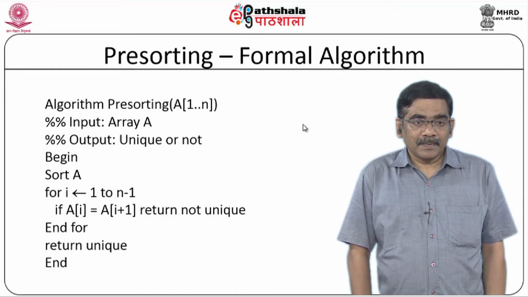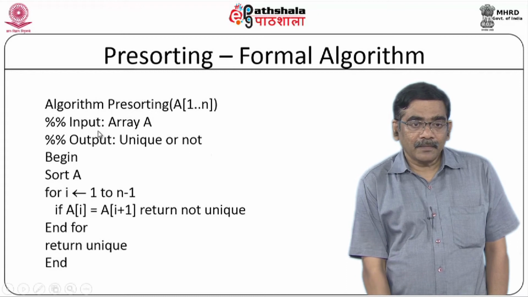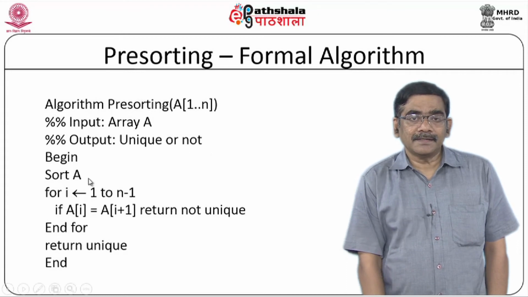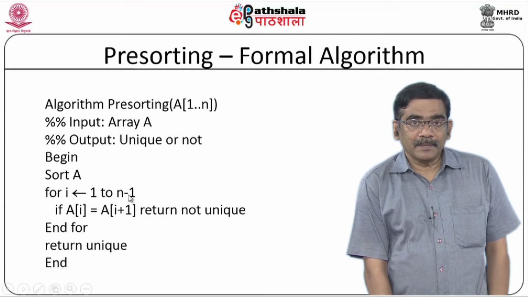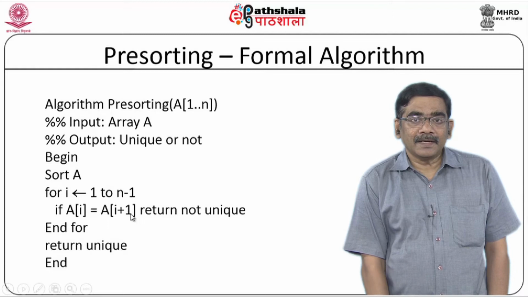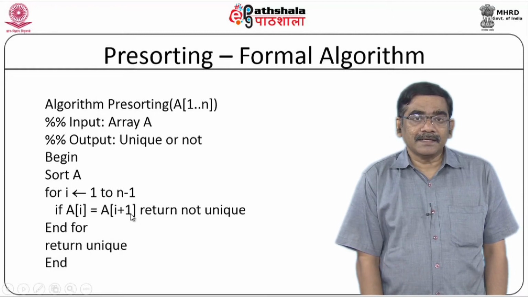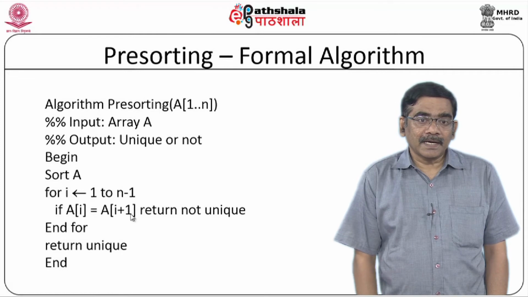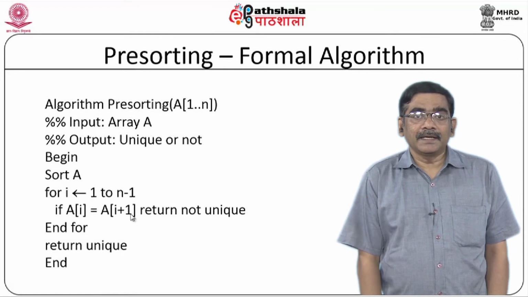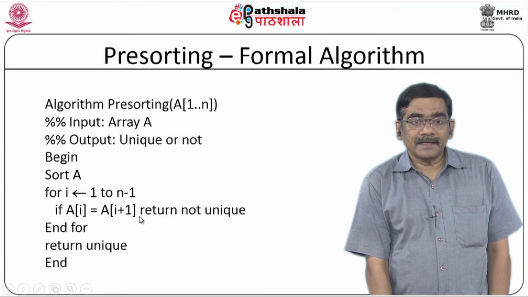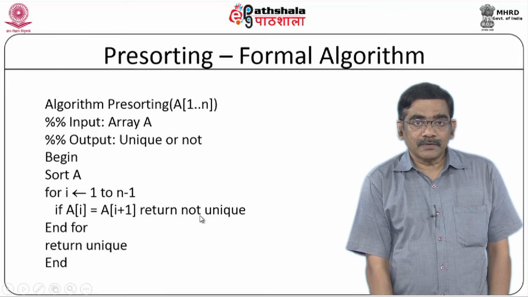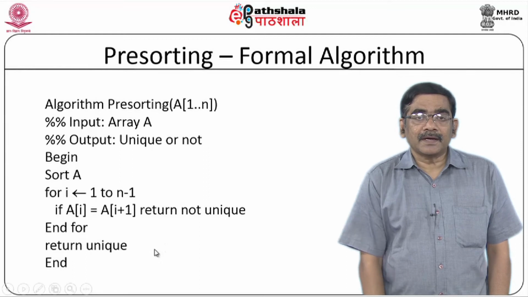In the first step of the algorithm, I am going to sort the list, then I start a loop from 1 to n minus 1, and since the elements are sorted, all I am going to do is check only the neighboring elements. If the neighboring elements are the same, then we report that the elements are not unique; otherwise, we say that the elements are unique.